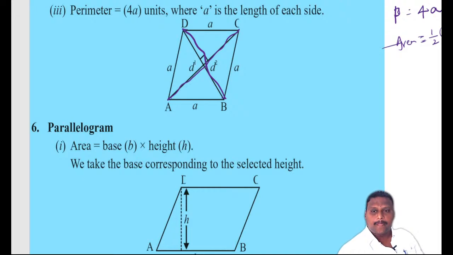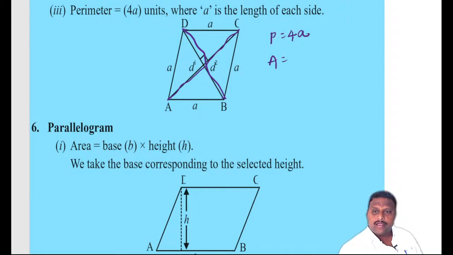Is it clear? I think this is not visible to you. I will write in this only. So perimeter P is equal to 4 into side.